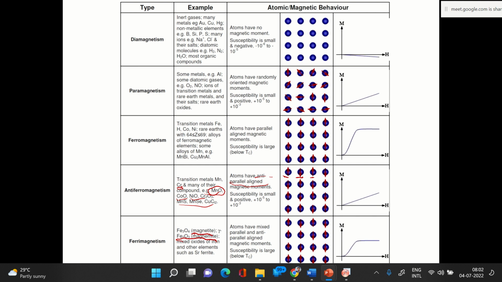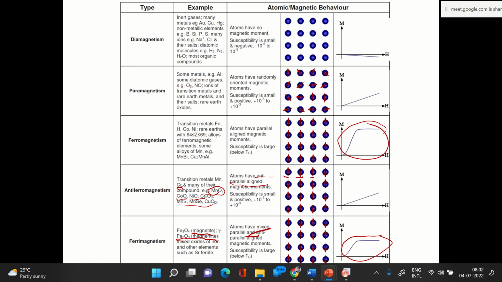It is similar to what we observe, the curves are nearly similar to what you saw here in case of ferromagnetism. But the susceptibility is different, it has mixed oxides and anti-parallel arrangement.